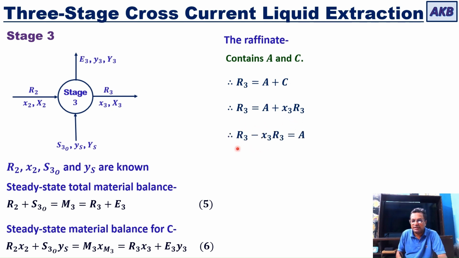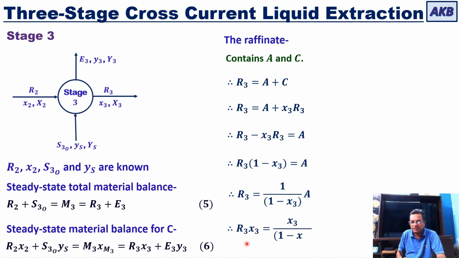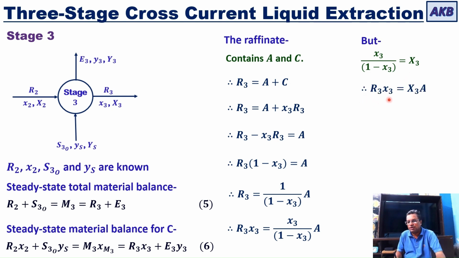If I bring this term to this side, it will be R3 minus X3 into R3 is equal to A. If R3 is taken out as a common term, it will be R3 into 1 minus X3 is equal to A. That is R3 is equal to 1 upon 1 minus X3 into A. Then I'll multiply with small x3 on both sides, so it will be R3 into x3 is equal to x3 upon 1 minus x3 into A. But small x3 upon 1 minus small x3 is capital X3. That is R3 into small x3 is capital X3 into A. That means R3 into x3 in equation number 6 can be replaced with capital X3 into A.